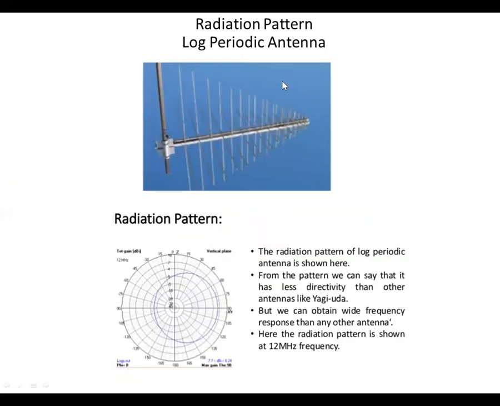Then there's another type of directional antenna. It's called a log periodic antenna. And what it does is, you can see these elements aren't equally spaced, but it's designed so that there's some multiple logarithm for the different bands that gives them the spacing for the elements.